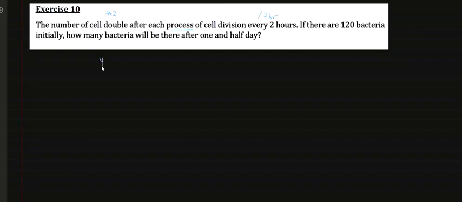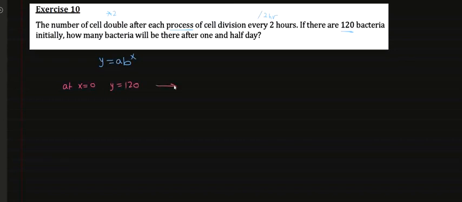Of course, here we might use that model, the exponential model. It will be given to us, and initially we have 120 bacteria. So it means that at x equals 0, the bacteria was equal to 120.